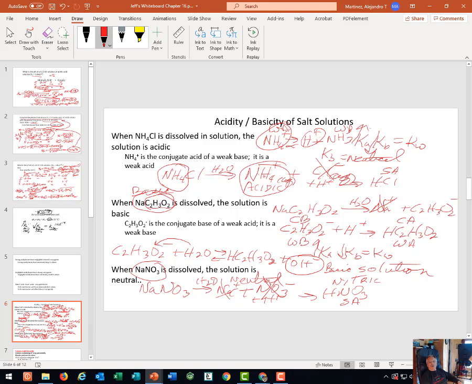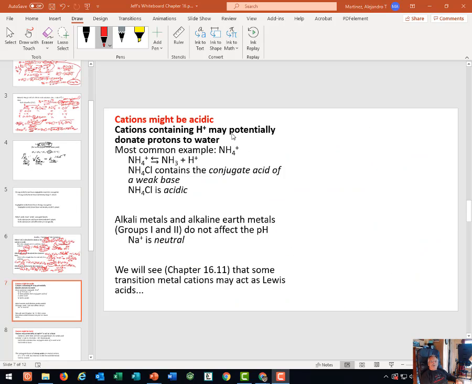It's like sodium chloride, or any alkali metal nitrate, or any alkali metal chloride. So when you're trying to decide whether or not a salt is acidic or basic, look at the cation. And guys, if the cation is ammonium, it's almost always going to be acidic. I'll show you when it might not be acidic when the cation is ammonium.